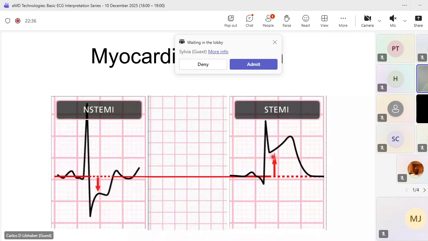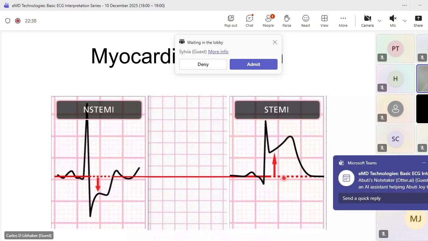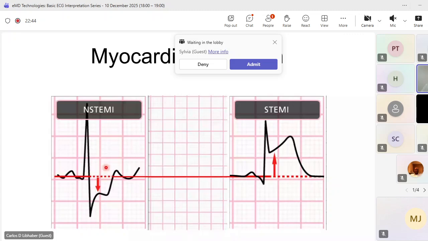So this one is ST elevation myocardial infarction. This one is non-ST elevation myocardial infarction. And you can come and tell me, but how do I know that this is non-ST elevation myocardial infarction, or it is just myocardial ischemia?